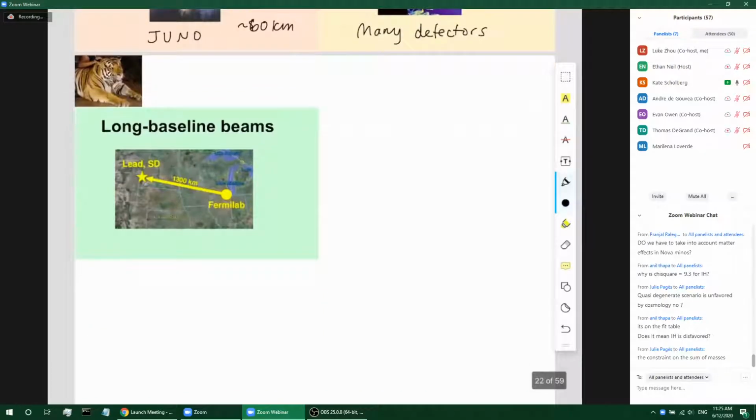So I will say a little bit more about long baseline beams. At least in the three flavor picture, there are sometimes difficulties if you introduce new physics, new interactions and so on. But this is really guaranteed in the three flavor picture with sufficient exposure at long baseline, which looks feasible, to determine the ordering.